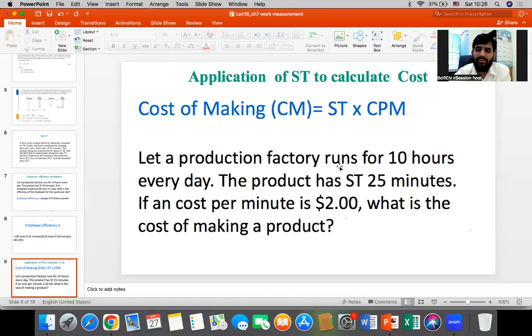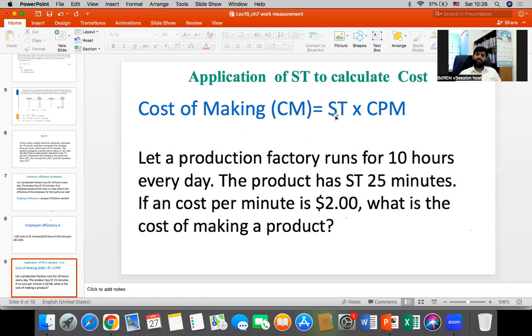Let a production factory run for 10 hours every day. The product has standard time 20 minutes. The cost per minute is $2. What is the cost of making a product? How to calculate cost of making?